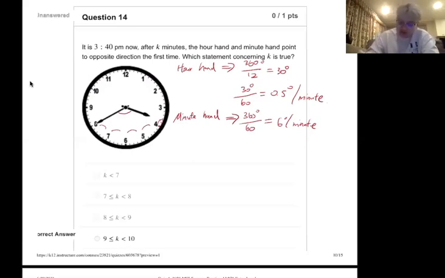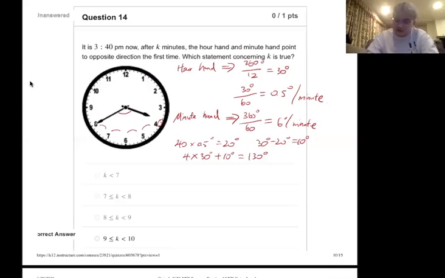Because it has already gone 40 minutes past 3, the hour hand moved 40 times 0.5, which is 20 degrees, and it has another 10 degrees to go. Therefore, the angle right now is 4 times 30 plus 10, which is 130 degrees.